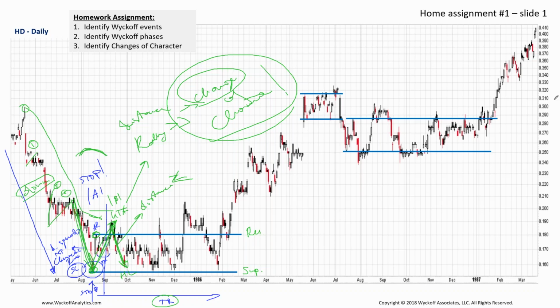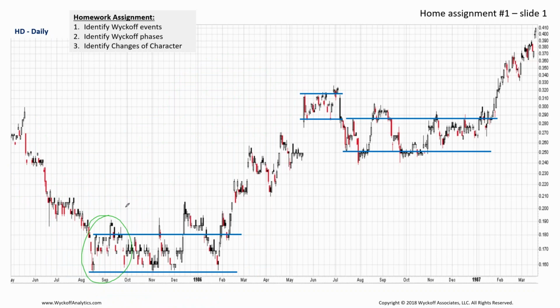And the change of character is going to be all about something different happening here in comparison to this or this. Every time we either have a very weak rally and then a break to the downside, weak rally, and then a break to the downside. Here we have a much better rally, so something is different, and then we don't have the next break to the downside.